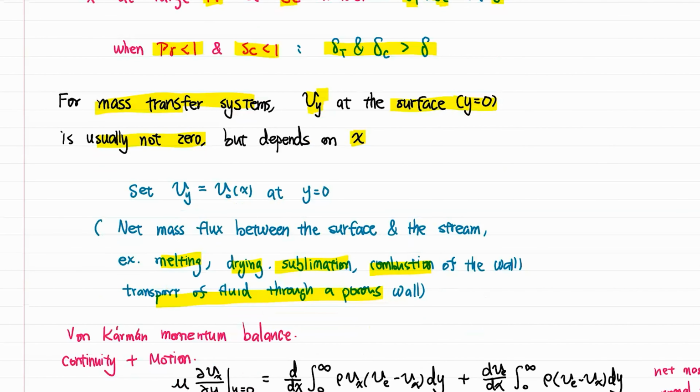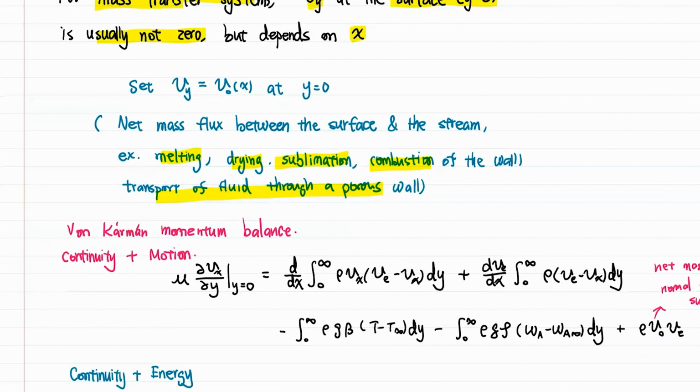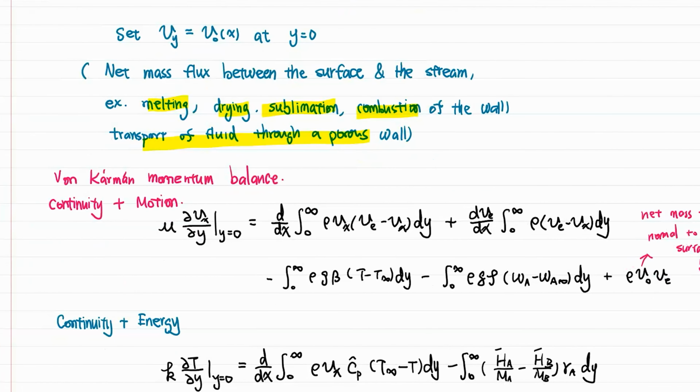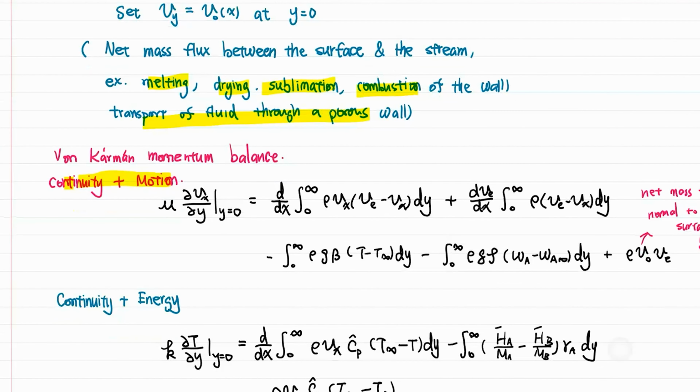So based on the equations of change and the boundary conditions, we can now write down the von Karman balances for velocity, for energy, and for mass by looking at the below. If you combine the continuity with motion, then you have the von Karman momentum balance. In the momentum balance here, again, we are introducing additional terms: two for buoyancy and one for the mass transfer outwards from the surface.